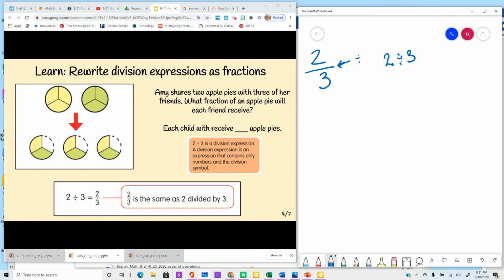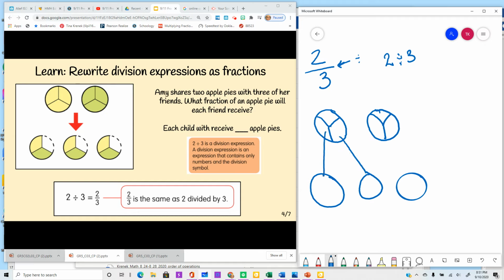So we have 2 pies that Amy is sharing with 3 of her friends. What fraction of the pie will each friend get? So if you see, we have the 2 pies, and I know my drawing's not the best. And then we have our 3 friends.